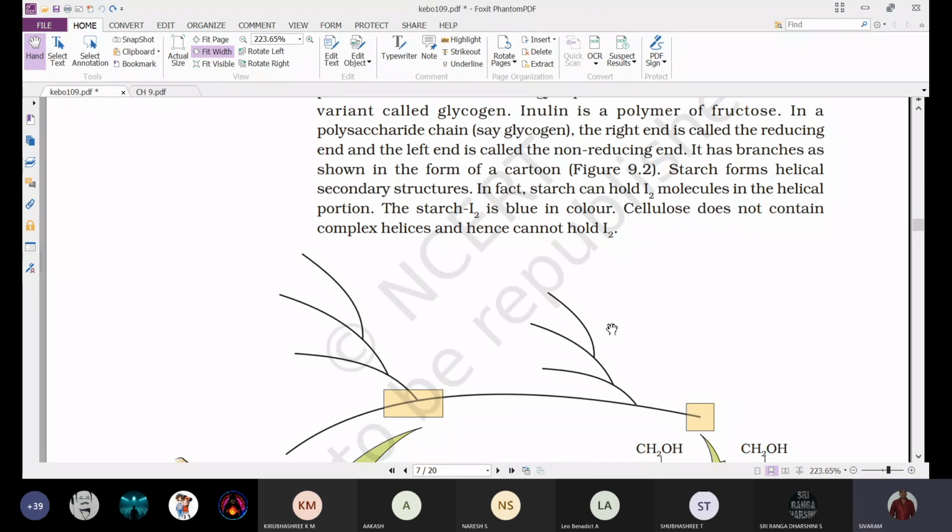As a result, the starch solution transforms from white color into a bluish black or dark blue color. So it is an identification test for the presence of starch in the given sample.